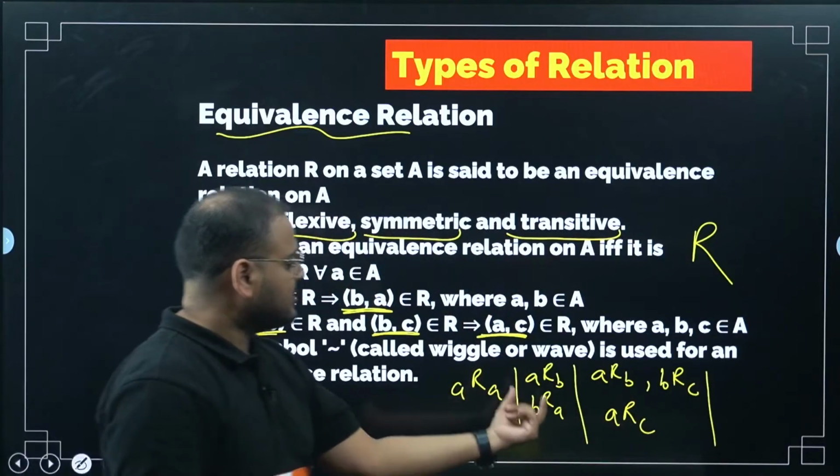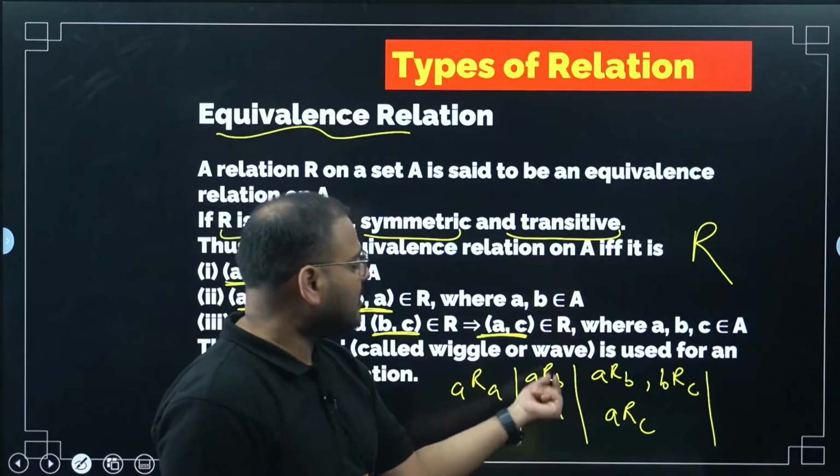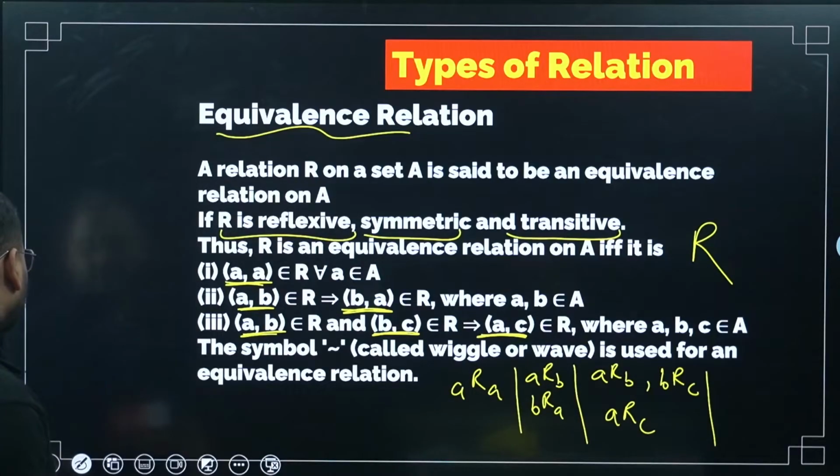Reflexive, symmetric and transitive: all have to be there in the relation R. Then we can call that relation an equivalence relation.